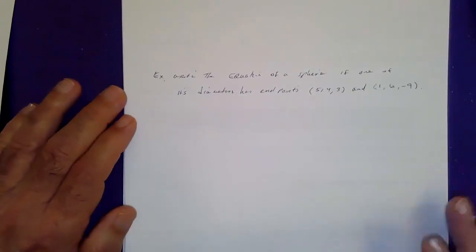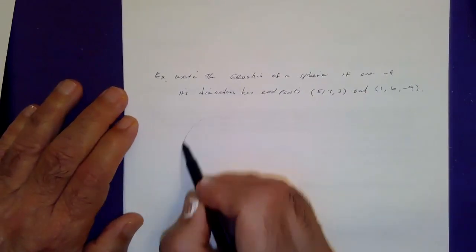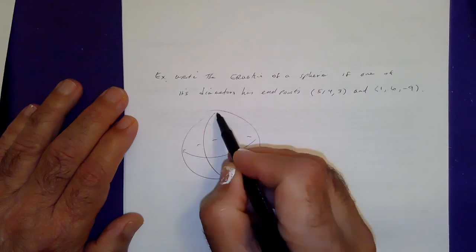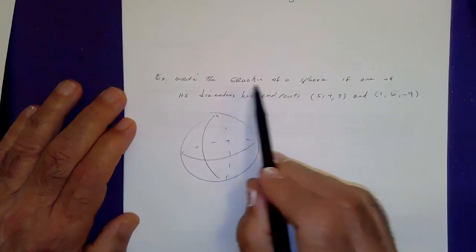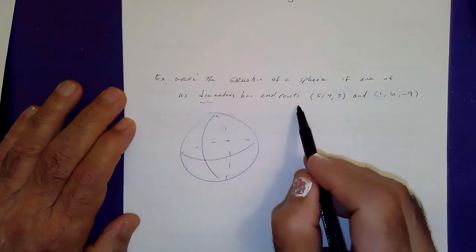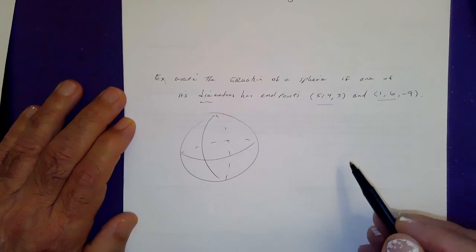So here's a nice question. You have a sphere, correct? Write the equation of a sphere if one of its diameters happens to have these two endpoints.